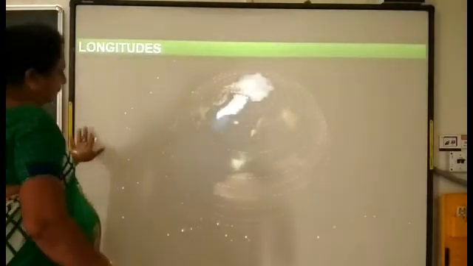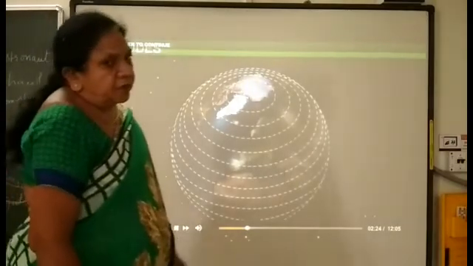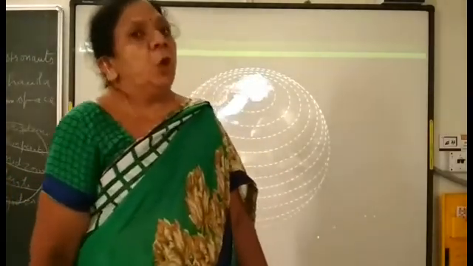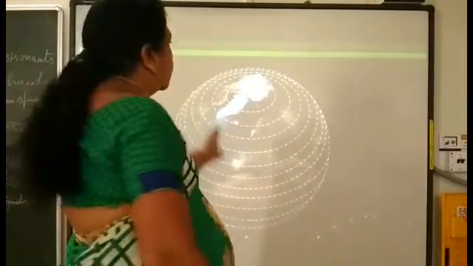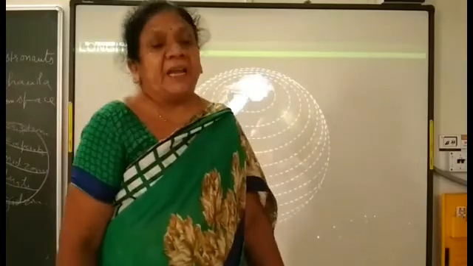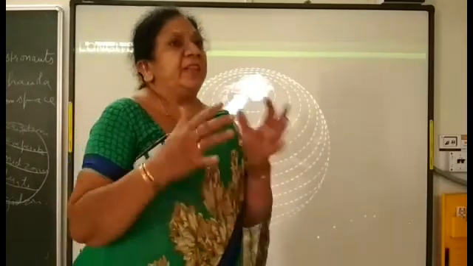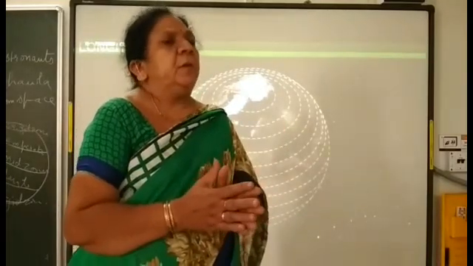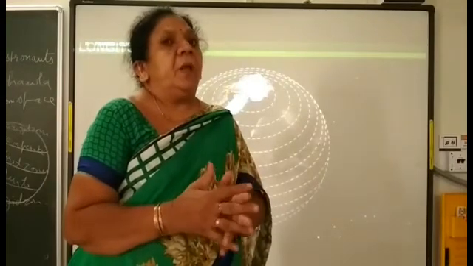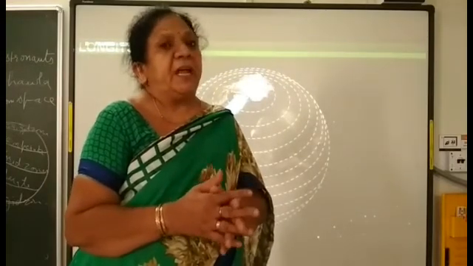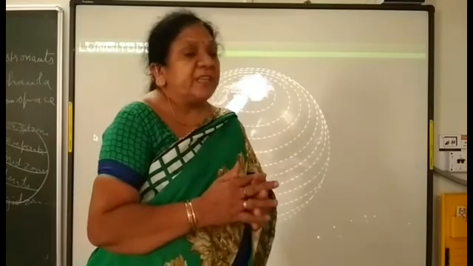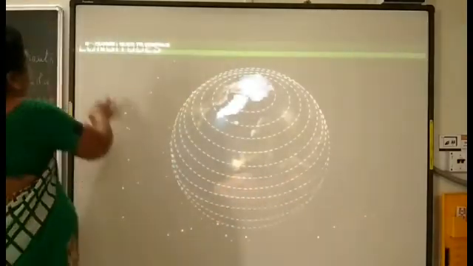It was John Harrison who told us about longitude. It shows us the time, so navigators can know the exact time. It is the longitude which helps us to know about this time.